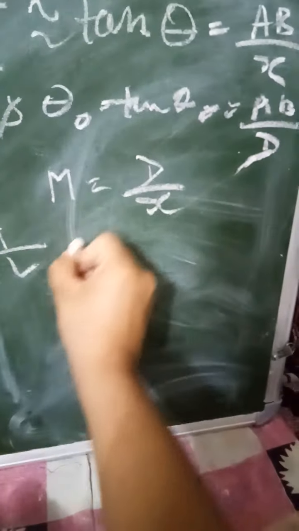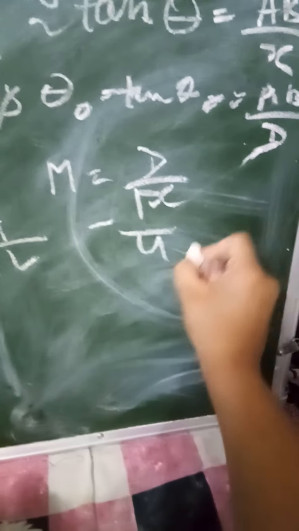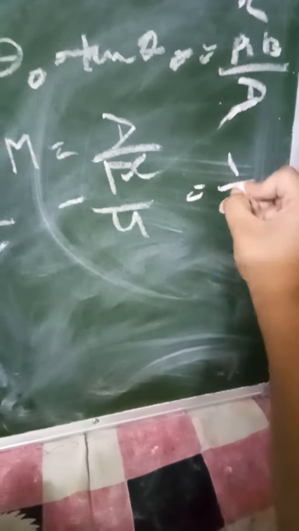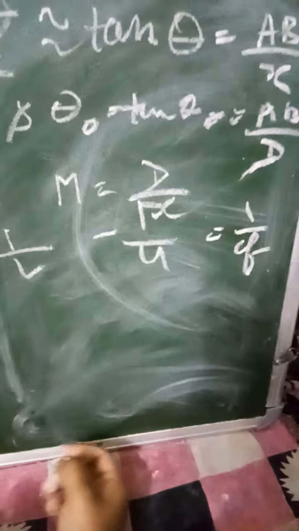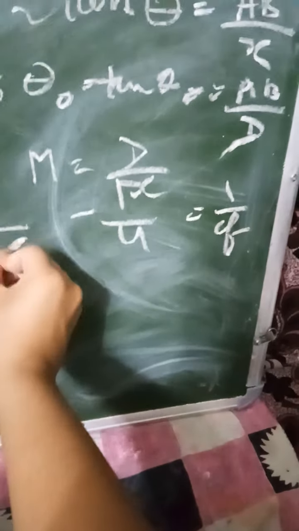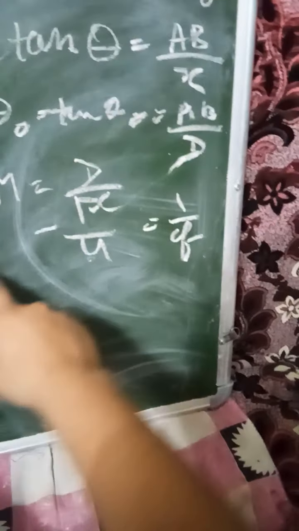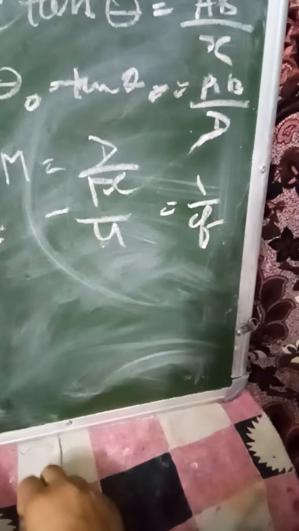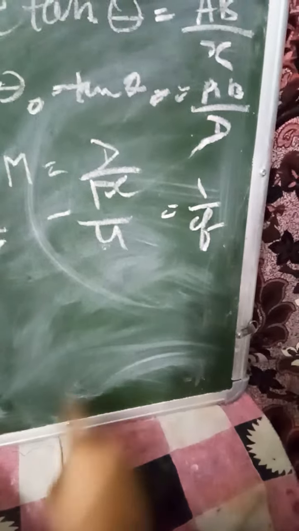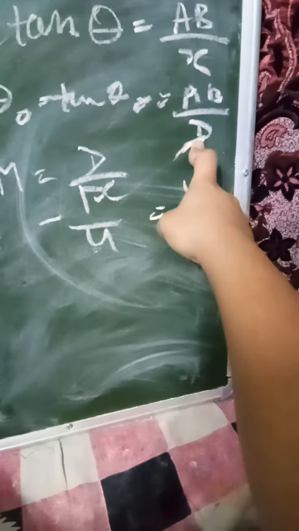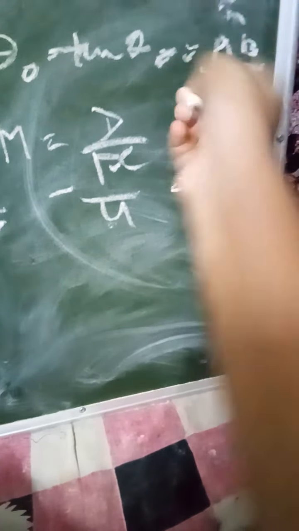What is the thin lens formula? 1 by V minus 1 by U equal to 1 by F. Here V is the image distance and U is the object distance. The image distance is D and the object distance is X, and both are on the same side, the left side, so we take both of them as negative.